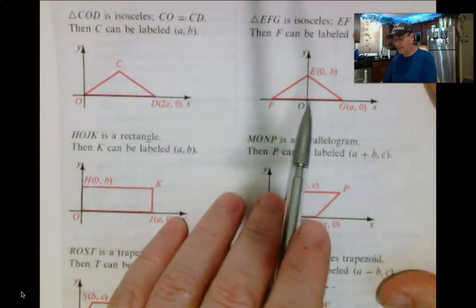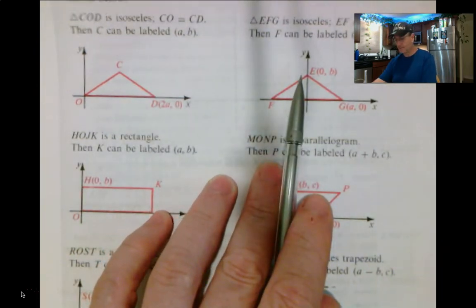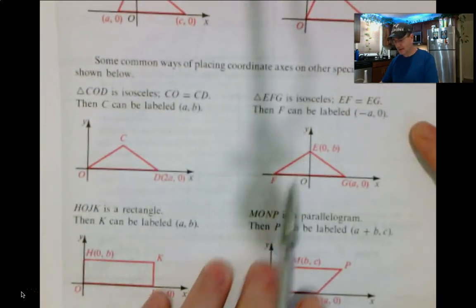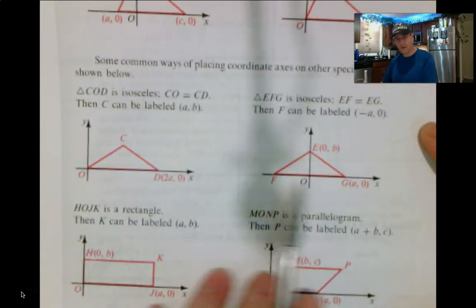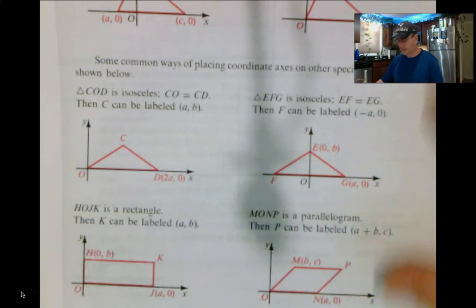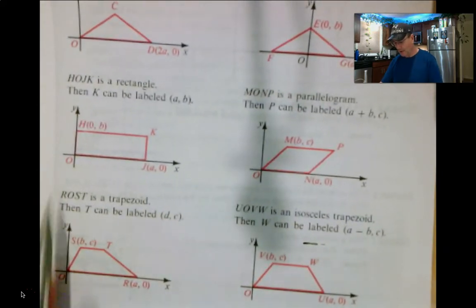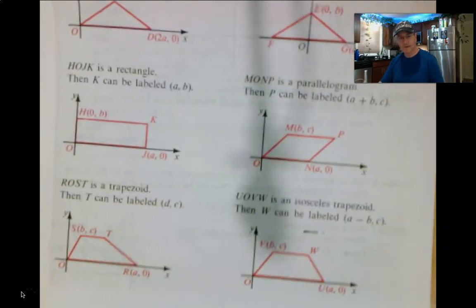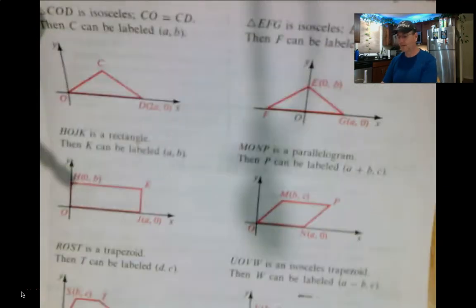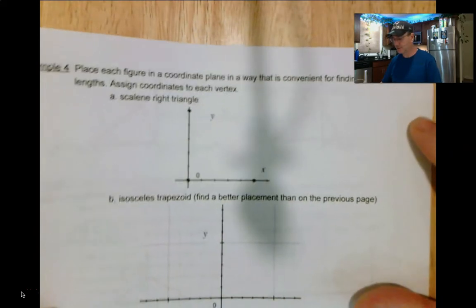It might be more convenient to put the vertex of the isosceles triangle on the y-axis and the base angles along the x-axis, positive and negative. I don't know. It all depends on what you're trying to prove. So these are all different possible places that you can put different shapes to make whatever problem you're trying to prove a little bit easier to solve.